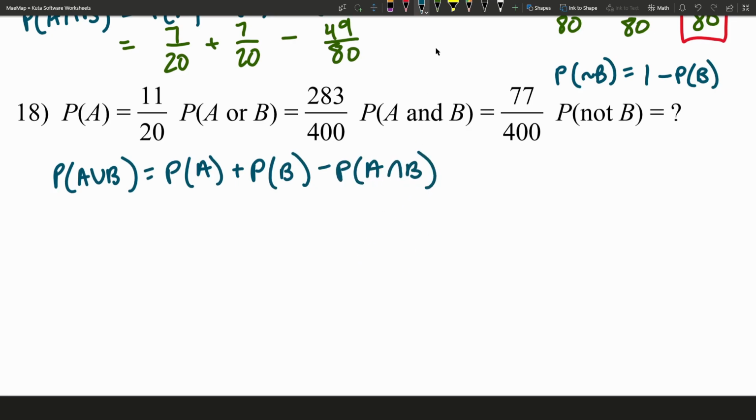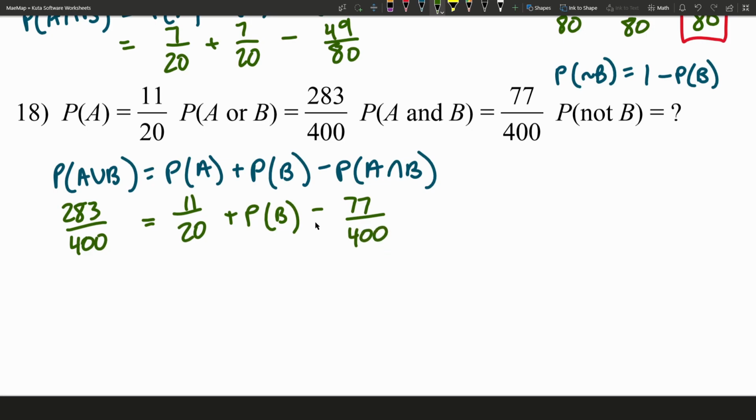Let's go ahead and fill some stuff in. We know the probability of A or B is 283 out of 400. We know that the probability of A is 11/20. We don't know this probability of B, so I'll leave that as my unknown. And we know the probability of A and B is 77 out of 400. So let's subtract or add to the other side to isolate the probability of B. I'll start by adding the 77/400 since I have a common denominator.